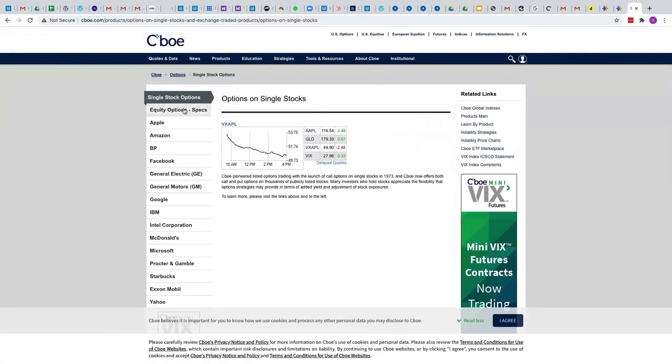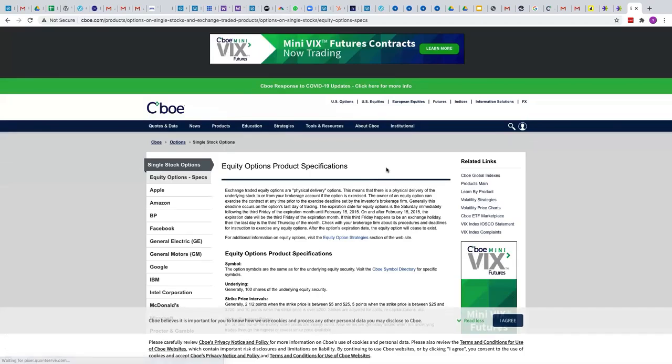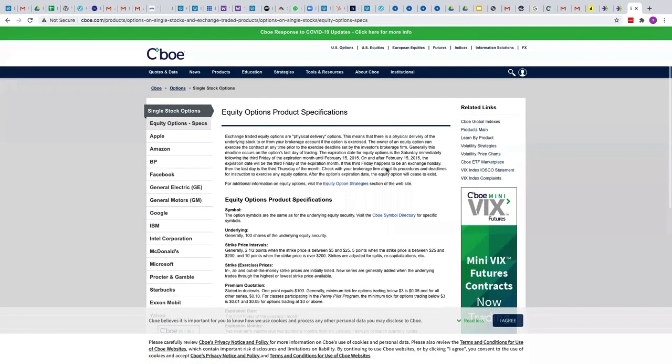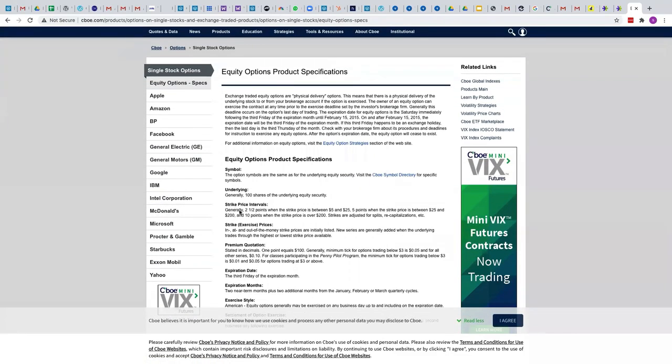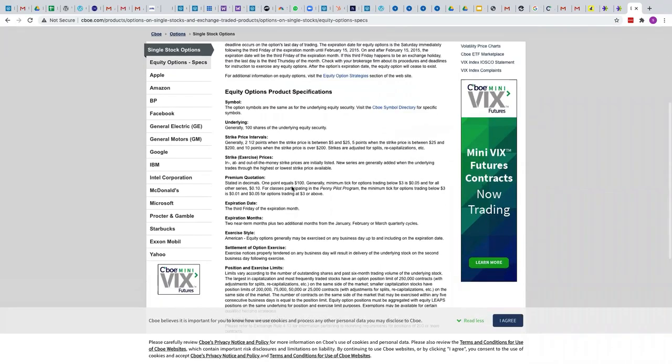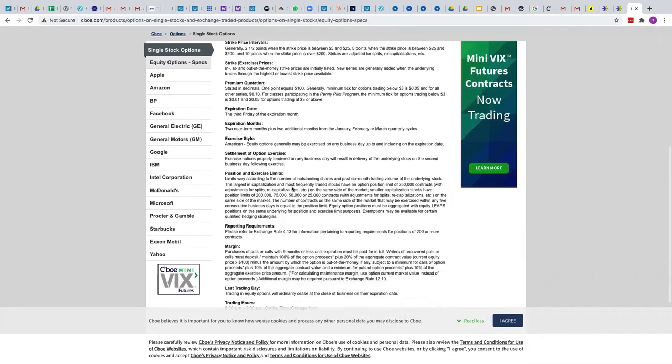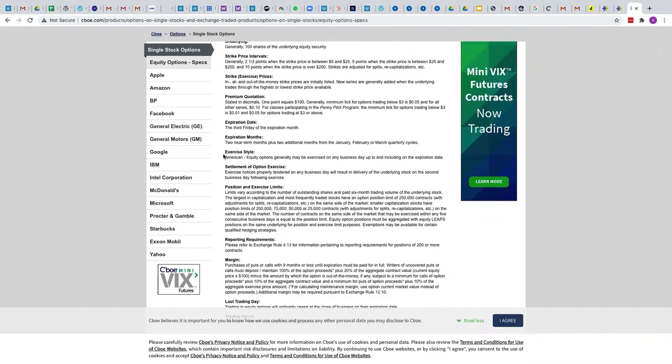Let's look at the equity option specs. This is all you'll see every time. Symbol, remember I was saying it's a standardized way. They have all the symbols, strike price intervals, strike prices, expiration, position and exercise limits, margins. Then there's exercise style.